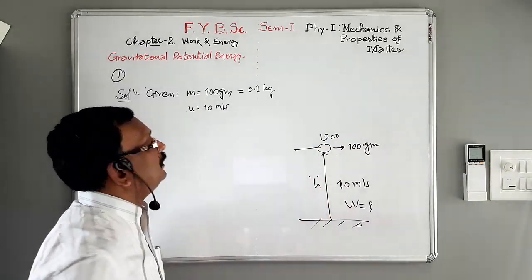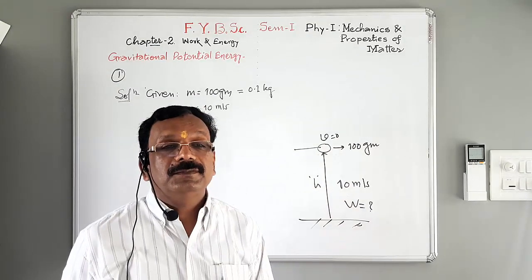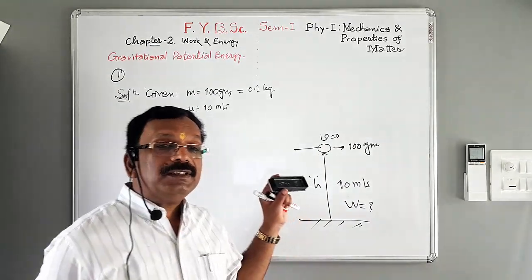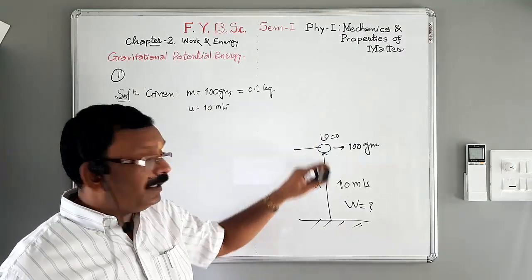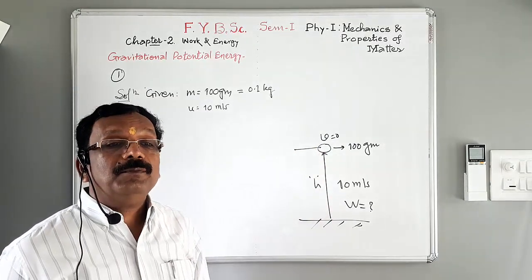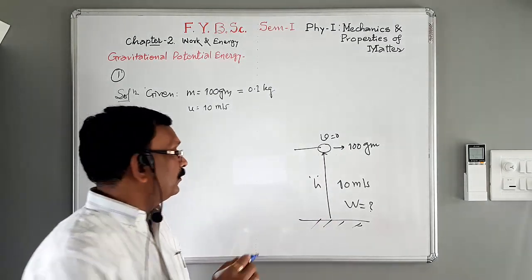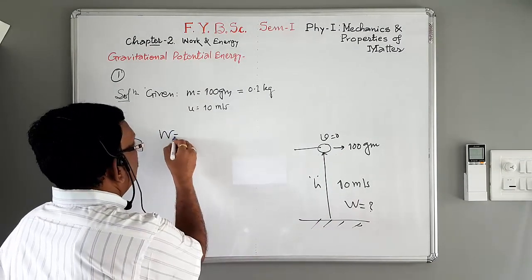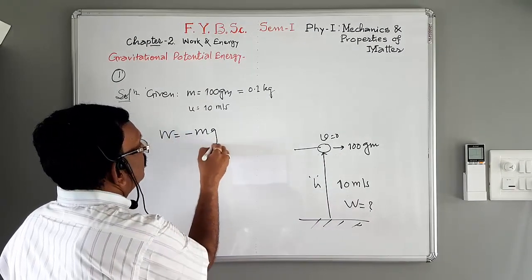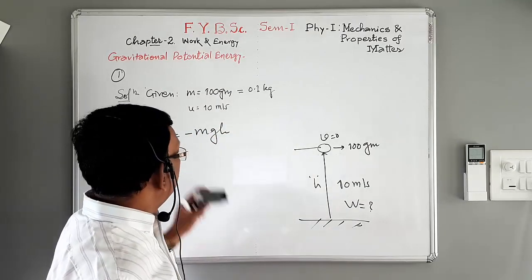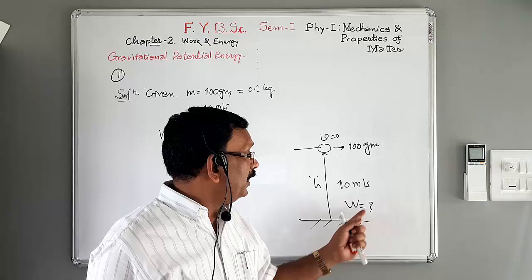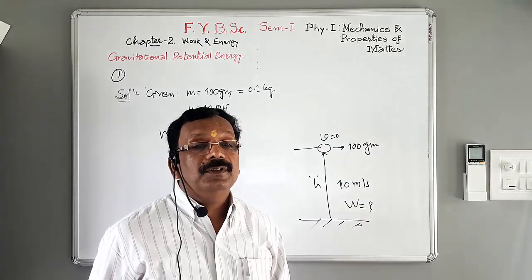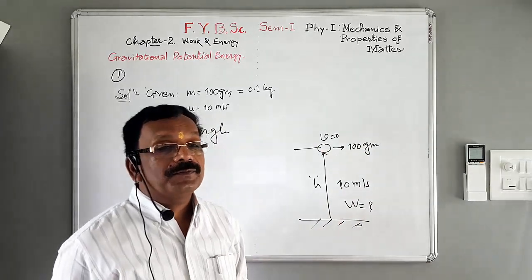And what is the initial velocity? 10. Now since the body is going up and gravitational force is vertically downward, work done by the gravity is negative, that is minus mgh. Why is this negative? Because work is done against the gravity, because the body is moving vertically up. So the work done is negative.